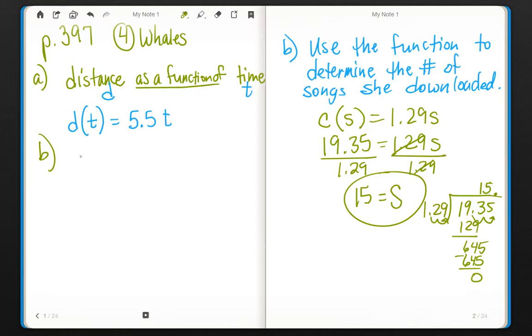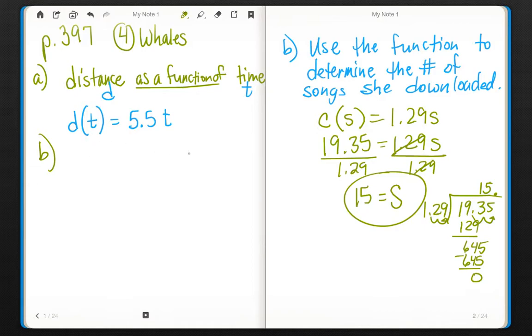All right, part B, use the function that you just wrote to find how long it took to travel 25 miles. So that's really saying distance as a function of, well, 25 miles. Oops, I need to actually change that, because it gave us our distance, the amount of distance we went.